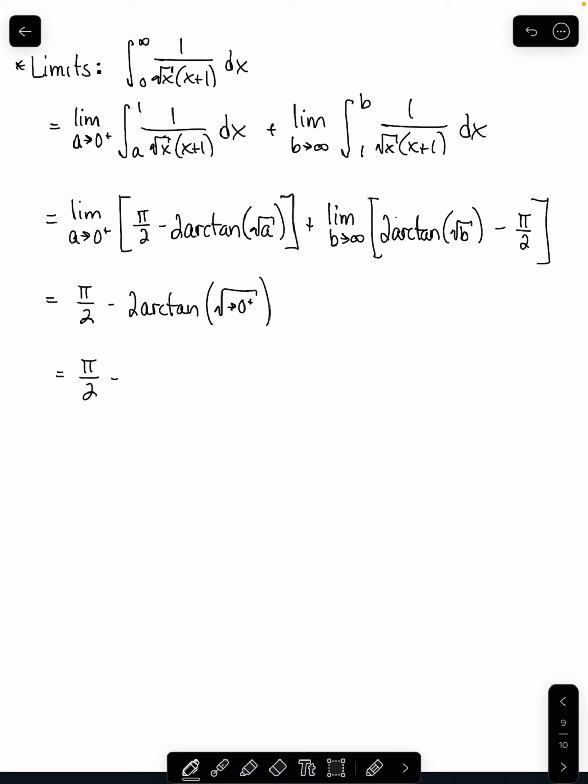So this becomes 2 times the arctangent of something that is thus approaching 0. But the arctangent of 0 is defined. The arctangent of 0 is 0. Thus, the first integral converges to pi over 2.